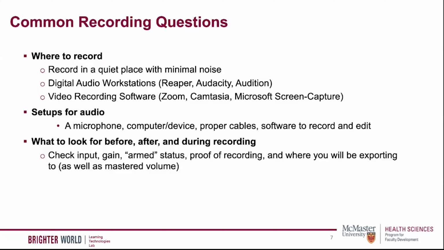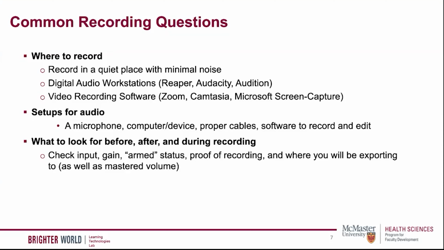So what to look for before, after, and during recording? The main things you're going to want to look for are to check your input gain, that you're armed, that you're recording to the track that you've chosen, your proof of recording, which can either be a sample recording or just some minor playback in the software, and where you'll be exporting to, as well as the mastered volume.